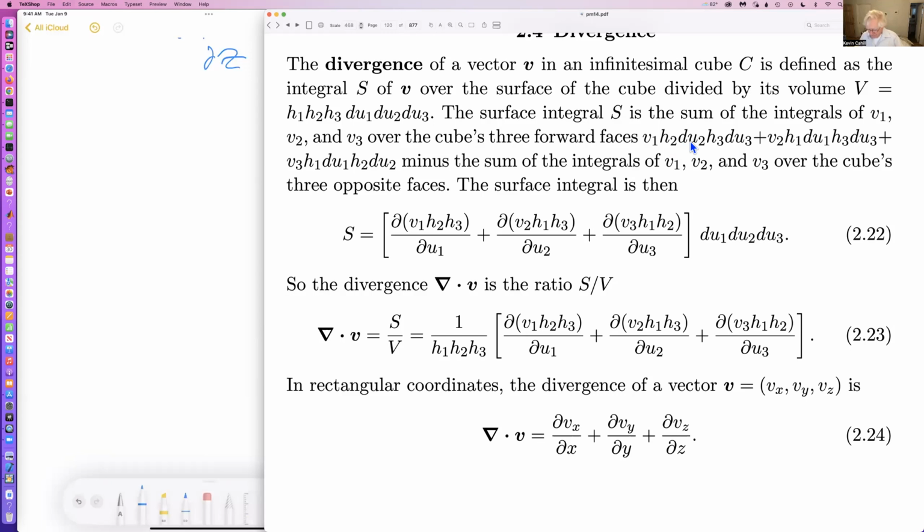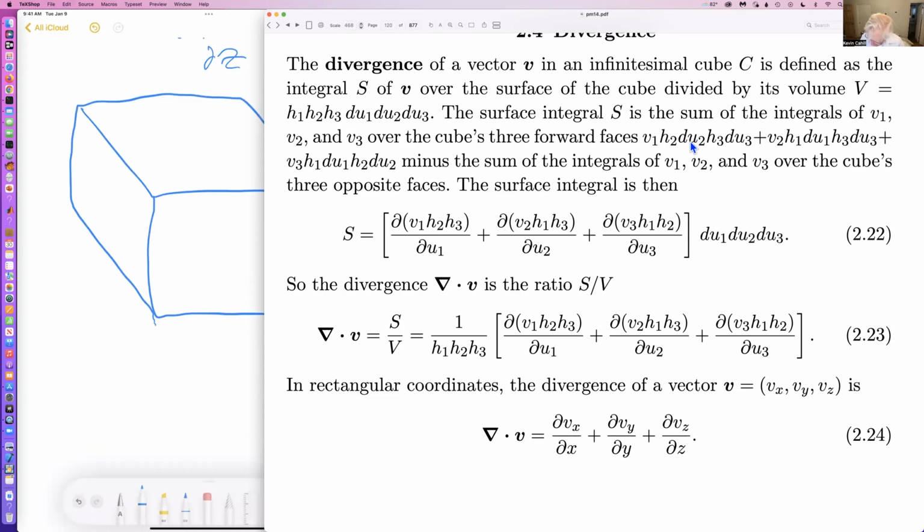Let me draw you a picture here. Suppose this is the one direction. So this might be H2, and this might be H3.